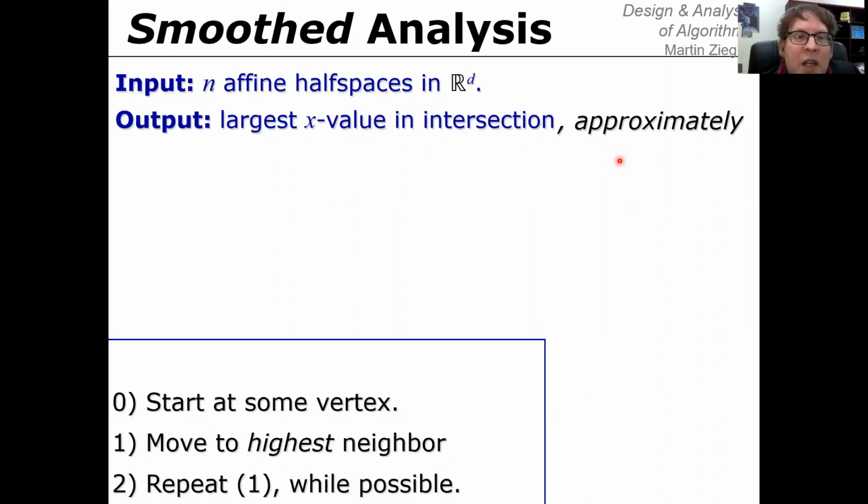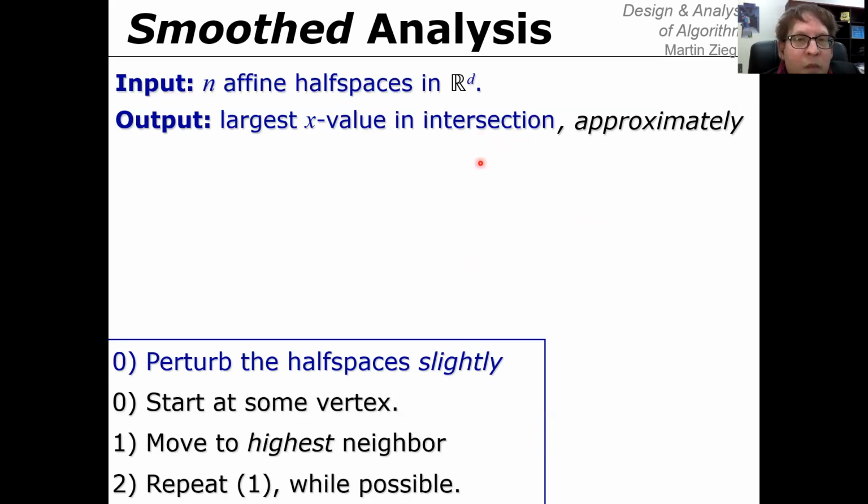And here, the following variant of the simplex algorithm is considered. Before starting with some vertex, we first perturb the half spaces slightly. Slightly meaning, again, by some sigma or delta or epsilon. And it can be shown that in most cases, such a slight perturbation indeed affects the largest x value also only slightly.